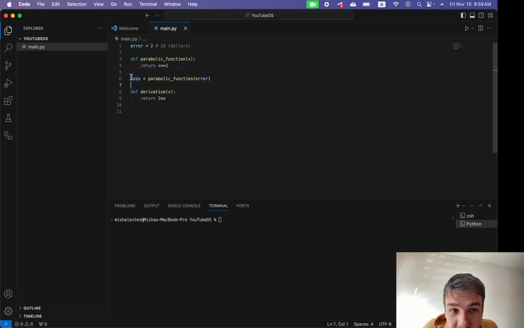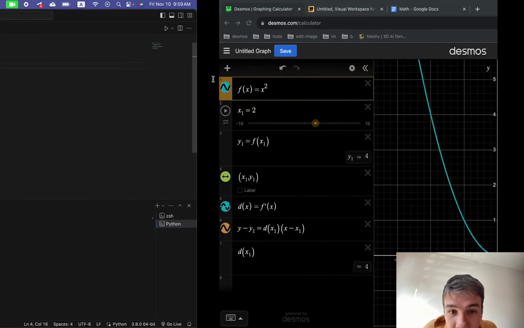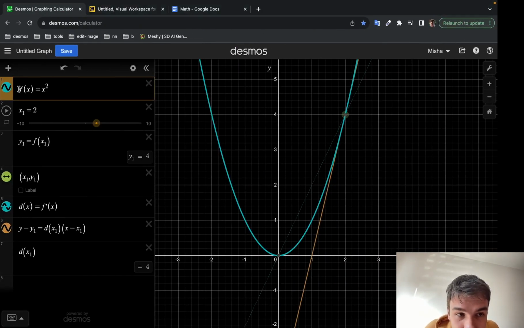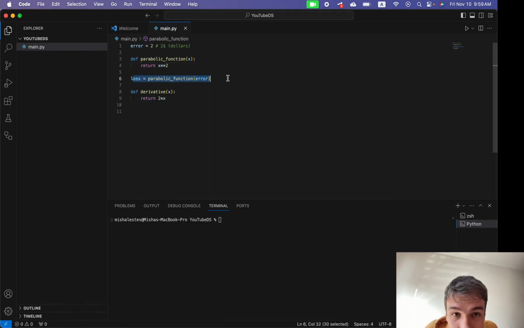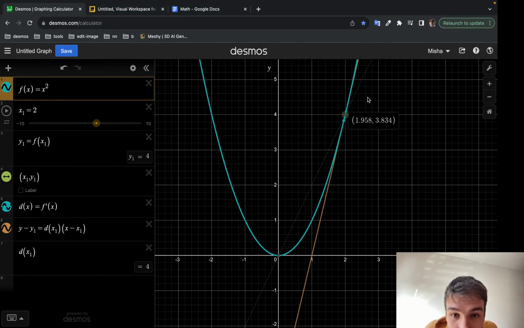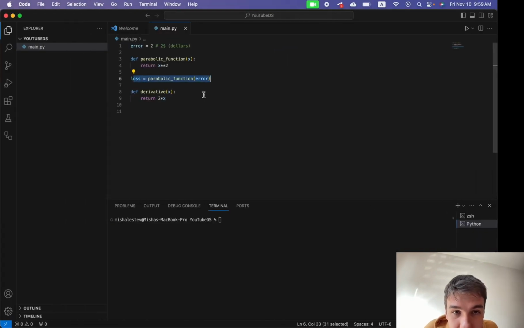So now we can exactly say that our loss is just simply x raised to the power of 2. So now this corresponds to our whole parabola. The reason it corresponds is because we raised our error to the power of 2.